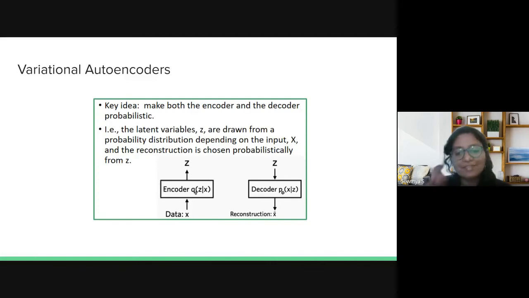I would have loved to take all these generative models together, but due to lack of time, I'm just going with the idea, which is that given X, I want to somehow model the probability of Z given X. And for the decoder, given Z, I want to reconstruct X. And these two models are going to be probabilistic models. Actually, our word embeddings also, I don't know if I mentioned, are probabilistic models. So it's not something new, it's just that it's more powerful than the previous autoencoders.